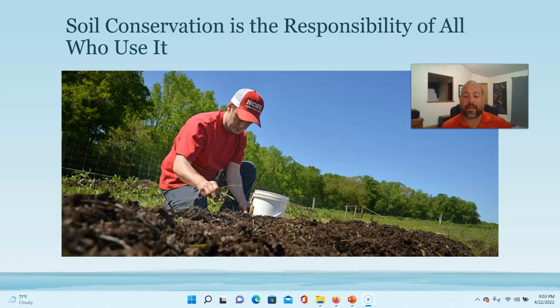We've got to understand that, yes, we do need crops and we are big supporters of agriculture, but we also have to start finding ways to do it better and ways to make sure that we can still deliver a great product while also conserving the soil, because we don't want the soil to ever run out, because we know the importance of the soil. And so soil conservation is the responsibility of all who use it. And so hopefully you got a little bit about erosion. Hopefully you got a little bit of how we can fix it. And hopefully you're one of these people who is going to be responsible for soil conservation.